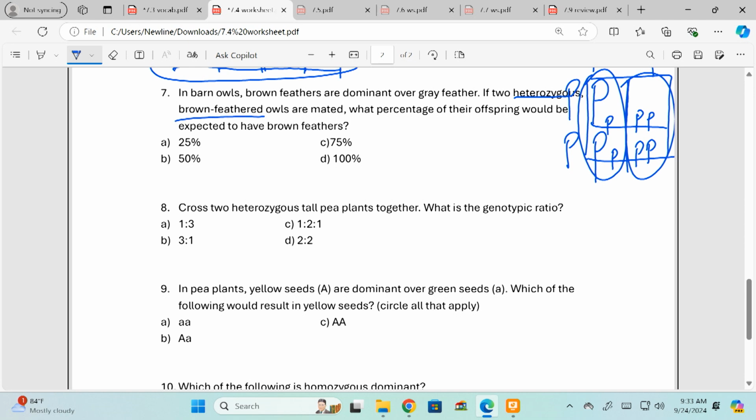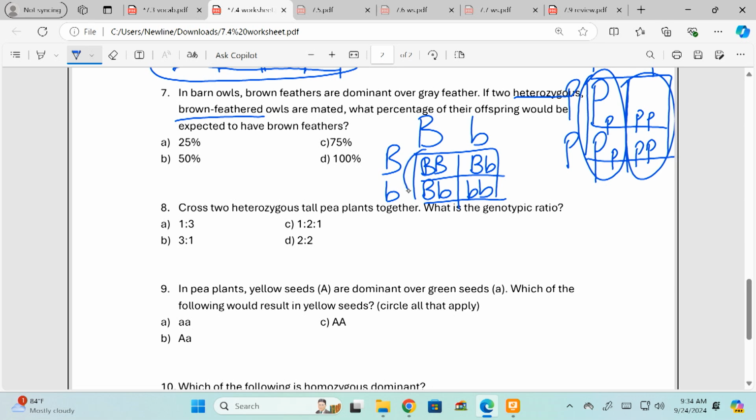So we know that for these, they're both going to be heterozygous, so we can use big B, little b for both parents. So kind of like this. These are the genotypes of the parents. I'll draw my Punnett square and we'll fill it in. Okay, and it wants to know what percentage of their offspring would be expected to have brown feathers.